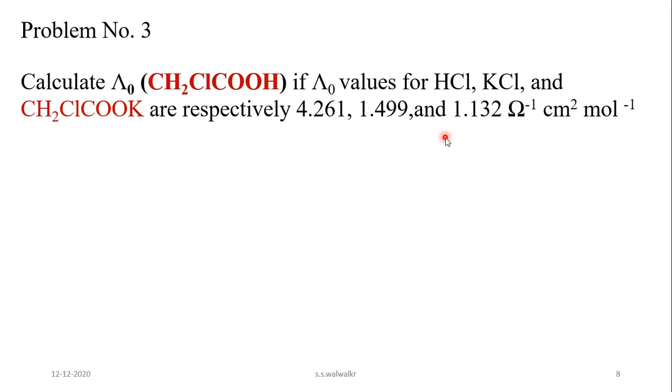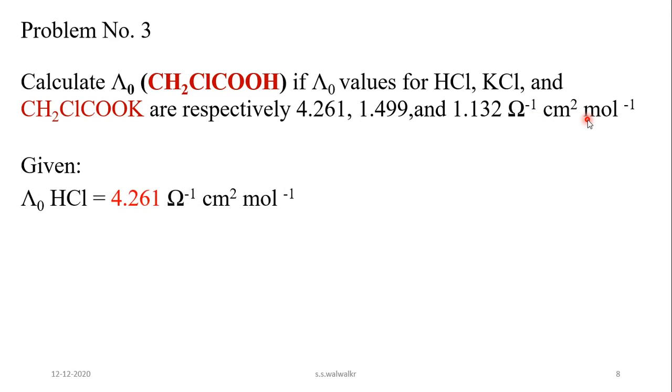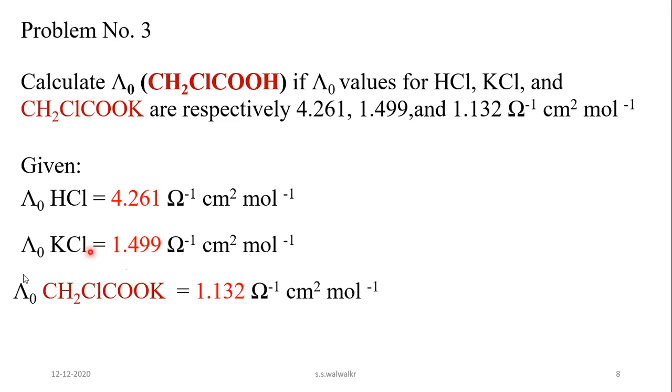Calculate lambda 0 of monochloroacetic acid if lambda 0 values for HCl, KCl and monochloro potassium acetate are respectively 4.261, 1.499 and 1.132 ohm inverse centimeter square mole inverse. What is given? Lambda 0 of HCl is 4.261, lambda 0 of KCl is 1.499 and lambda 0 of monochloro potassium acetate is 1.132.